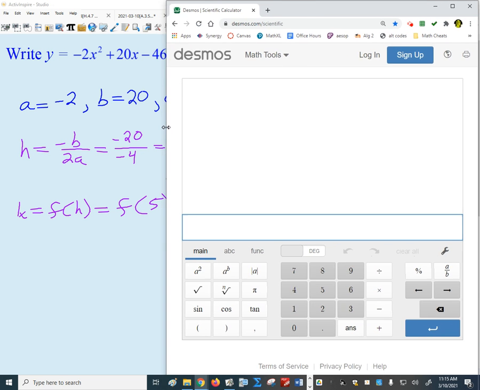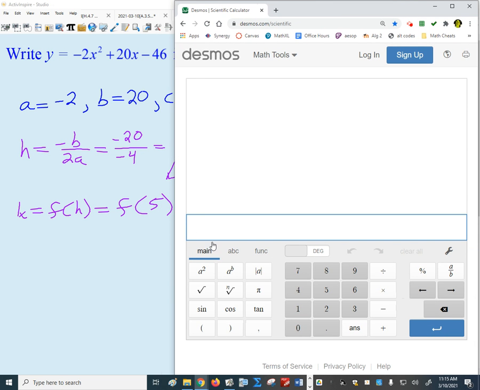And then all we have to do, remember, is I just define the function. So there's my function, right? It's written as y, but I need to write it using function notation. So I'll write it as f of x equals negative 2x squared plus 20x minus 46, right?